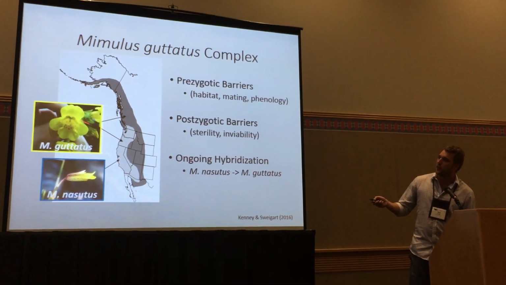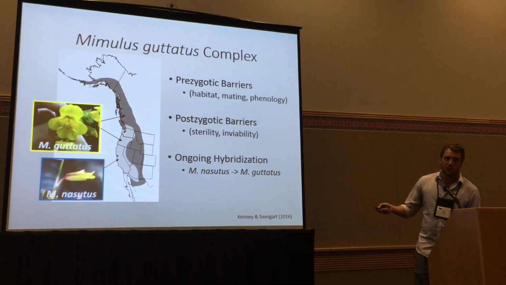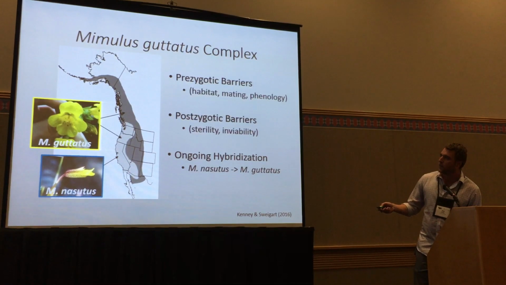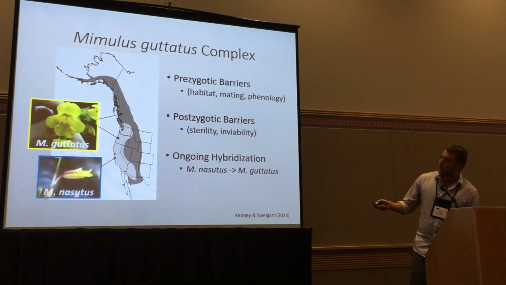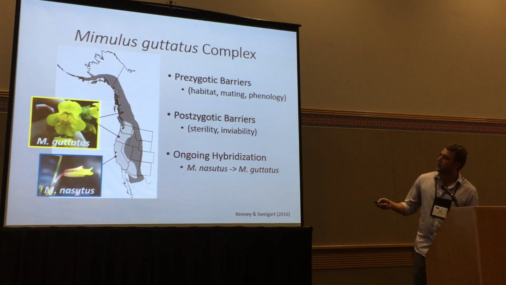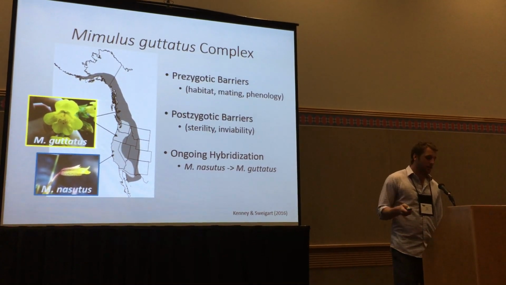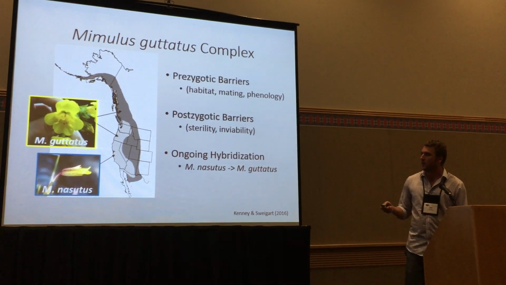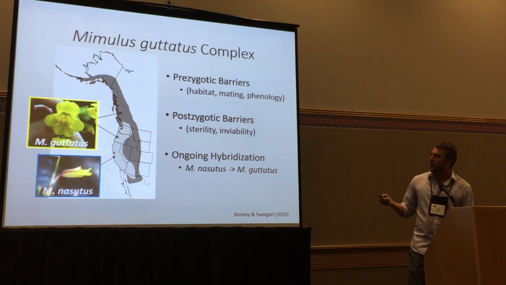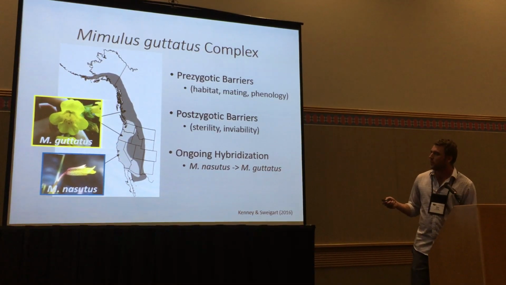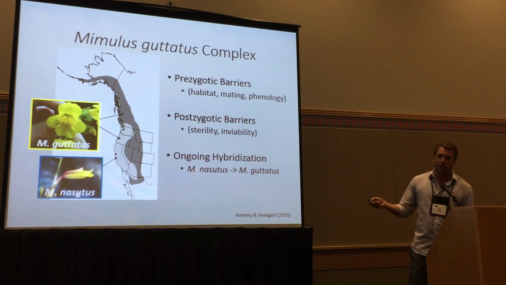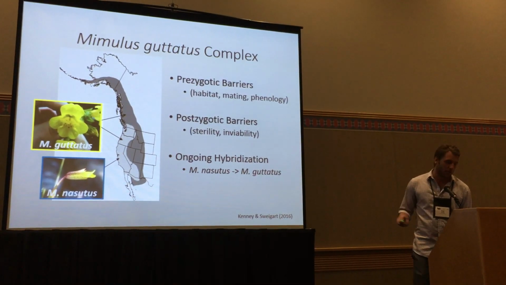Mimulus guttatus, the large outcrosser, and Mimulus nasutus, its sister taxon, a selfer. They have a broadly overlapping distribution with nasutus nested within guttatus. They're isolated by a lot of pre- and post-zygotic barriers, but despite all of this, there is ongoing hybridization at a pretty low rate within the system, with introgression largely going from Mimulus nasutus to Mimulus guttatus.